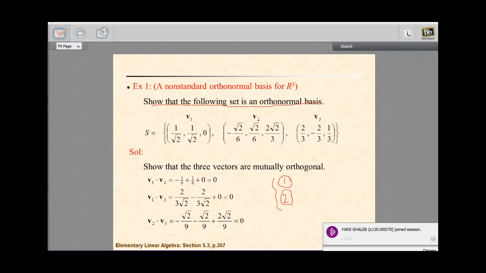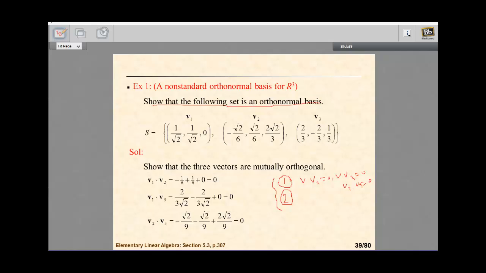So for orthogonal, we will show that v1 into v2 is equal to 0, v1 into v3 is equal to 0, and v2 into v3 is equal to 0. We have to show these three things for orthogonal.